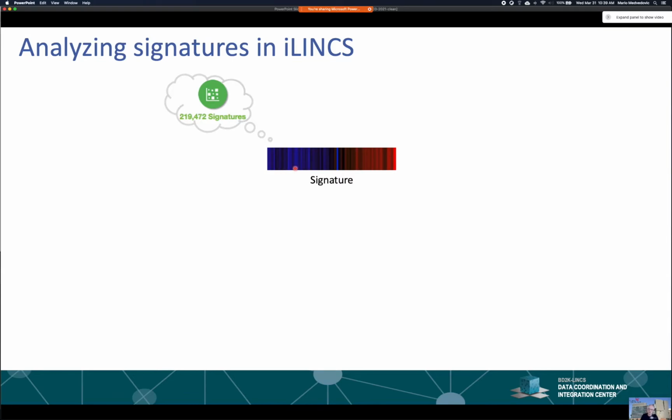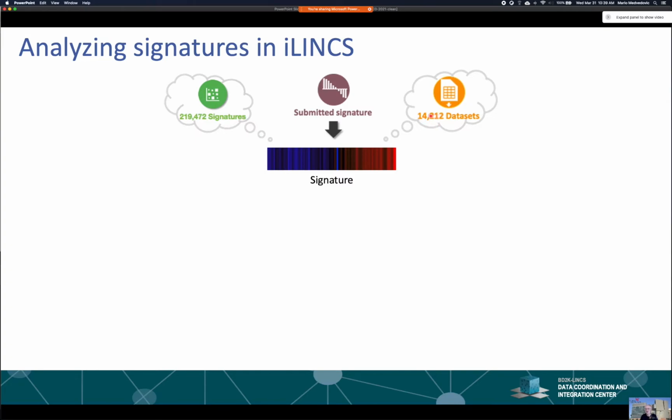We also provide associated p-values, but these changes are really the core of the signatures. So we have 220,000 of these, or the user can submit their own signature. They create the signature using their own experimental data and submit it to iLincs.